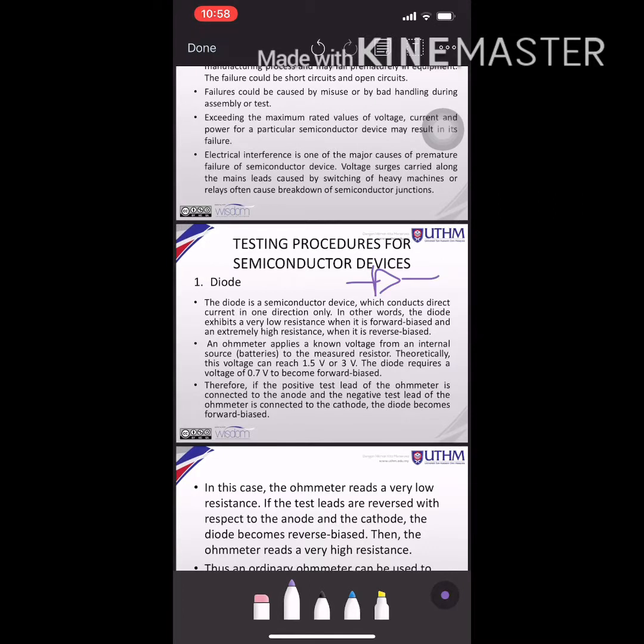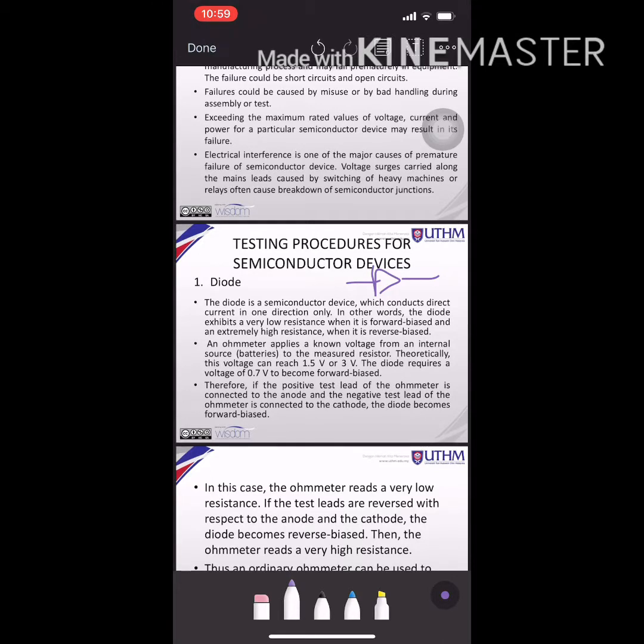So in diode we have cathode and anode, is it right? Diode ada dua cara kita nak test. Okay, yang first kita boleh menggunakan ohmmeter. Yang second kita boleh menggunakan digital multimeter.